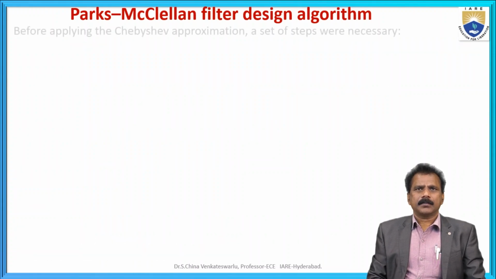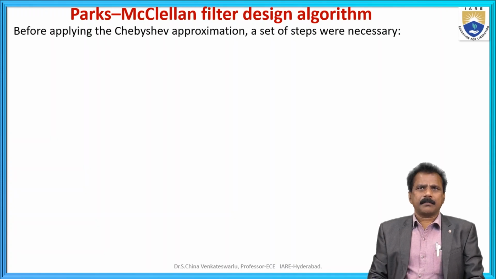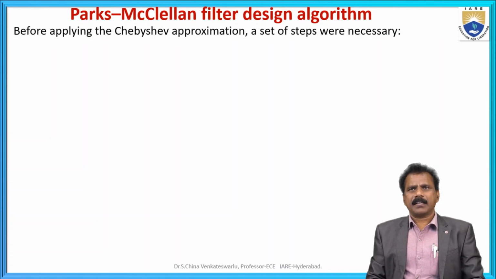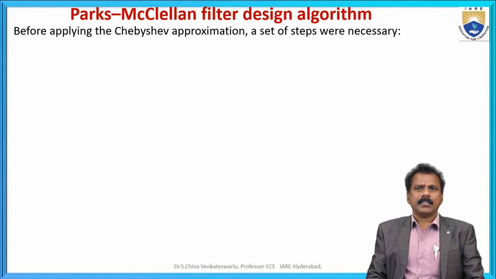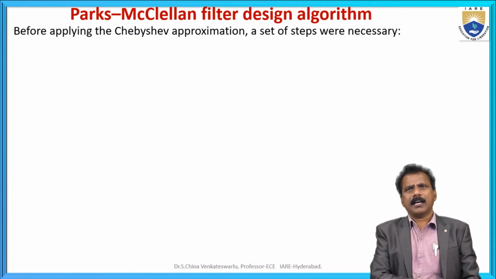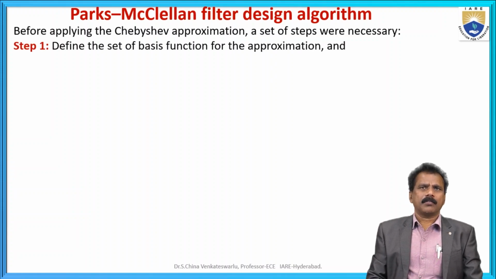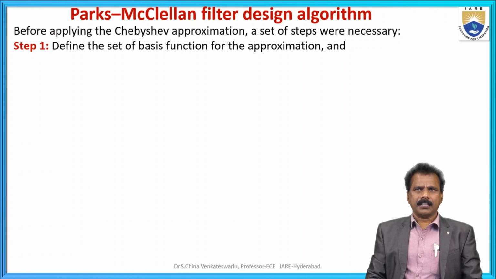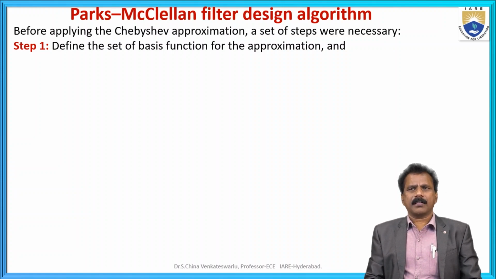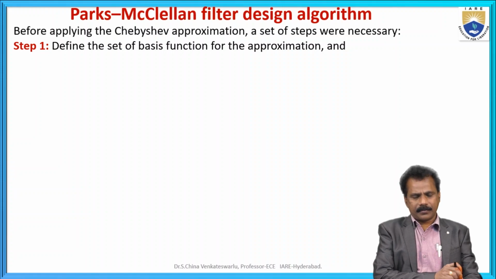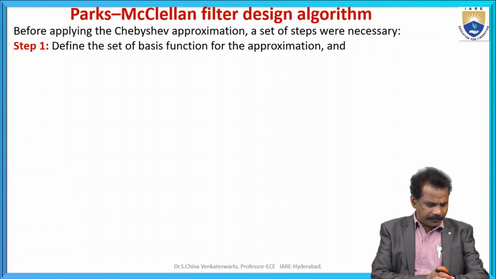Before applying the Chebyshev approximation, a set of steps were necessary. If you miss these steps, you are unable to identify your accuracy information or resultant aspects. So step 1 is what we have to follow; these steps are close to your algorithm steps.